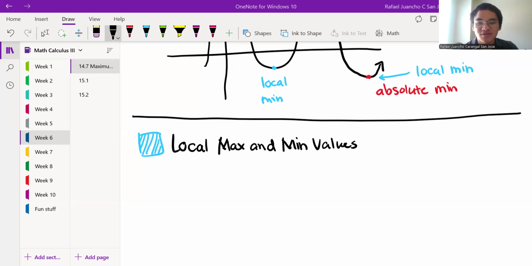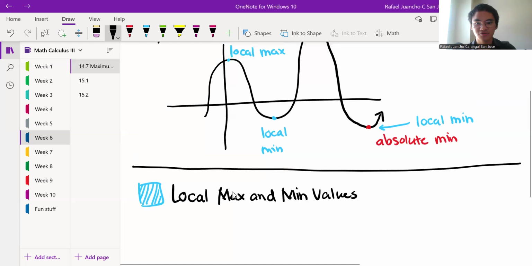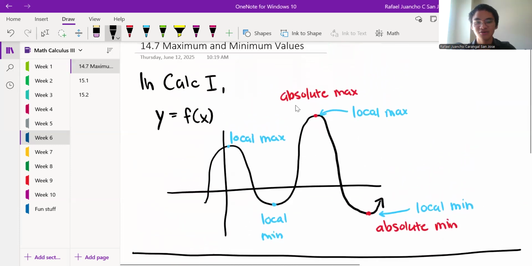One of the main uses of ordinary derivatives, we're talking about calculus 1 derivatives, not two variables, just a single variable, is finding maximum and minimum values, what we call extreme values, right? That's the purpose of getting derivatives, right?